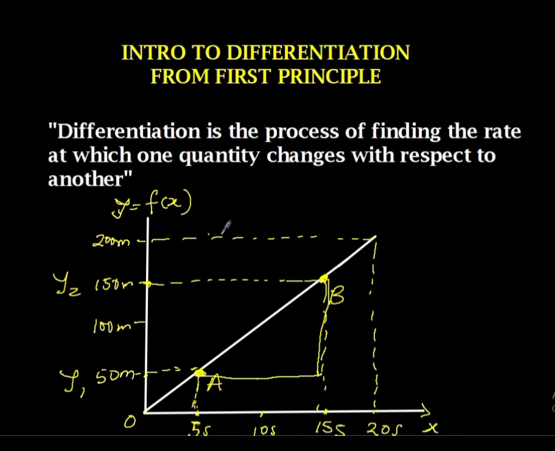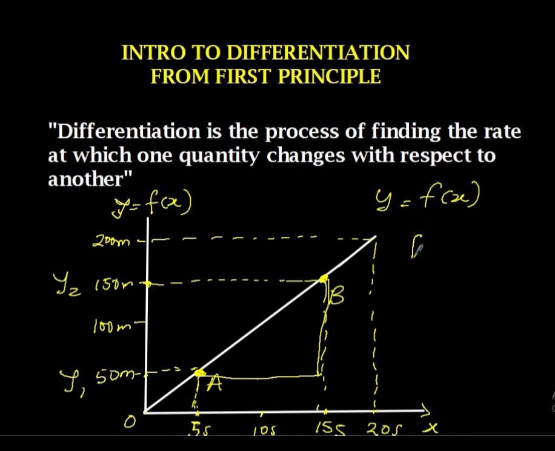Therefore, we can conclude that to find the speed of a car moving in uniform motion represented by the function y equals f of x, we have to differentiate distance with respect to time, or better still, differentiate y with respect to x. So we can express this entire statement mathematically.